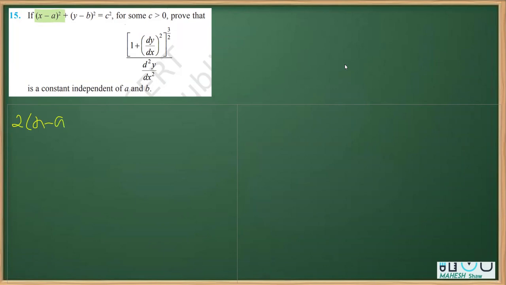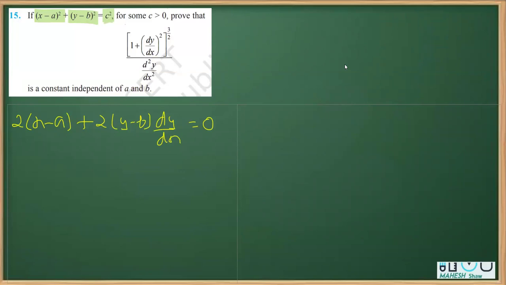2(x minus a), and then plus differentiation of this will be 2(y minus b), but for y, it's going to be dy by dx, is equal to the differentiation of c being a constant, which should be 0.